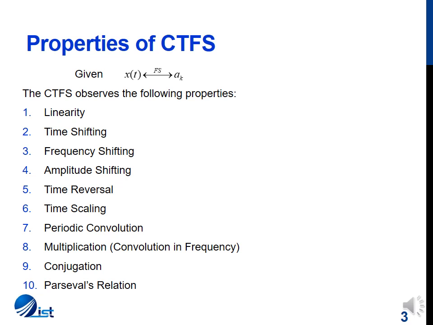Except for a pure sinusoid, a single frequency cosine or sine wave, which has only one frequency component expressed through two peaks, at positive omega naught and minus omega naught in the exponential Fourier series omega domain, all other periodic signals need an infinite amount of sinusoids to synthesize them.